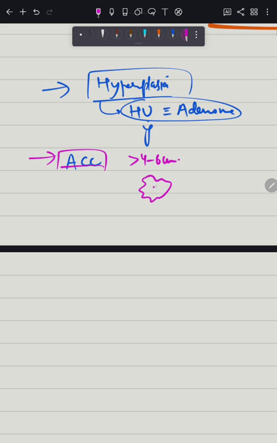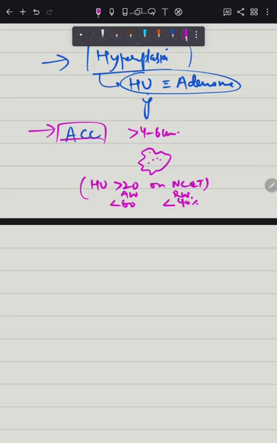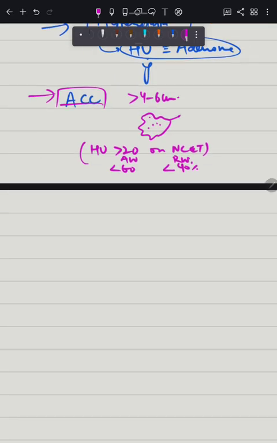It might contain necrosis, hemorrhage, calcifications, and Hounsfield units are already more than 20 on NCCT, that's an unenhanced film, and washout is slow. That is absolute washout less than 60%, relative washout less than 40%. And invasive features will be there, for example local extension, vascular invasion, and metastasis.